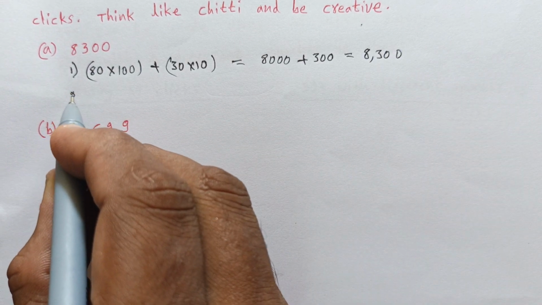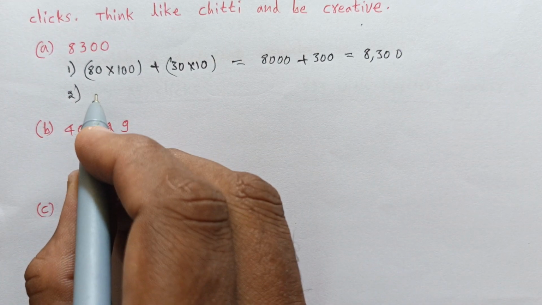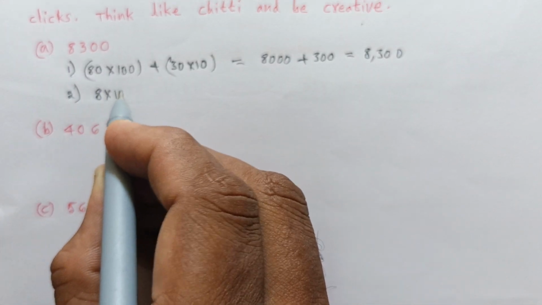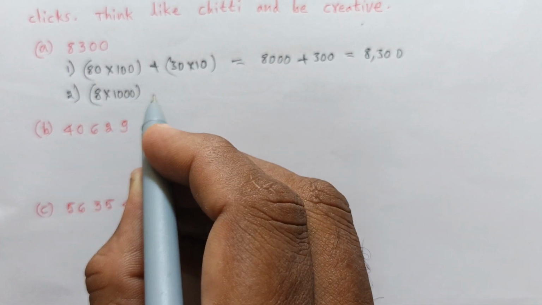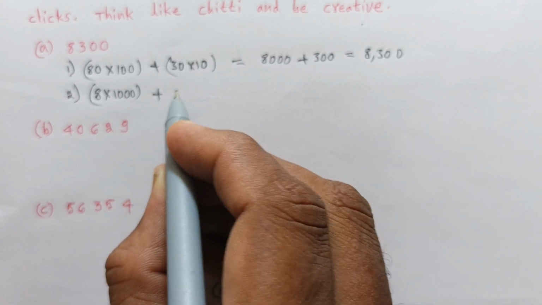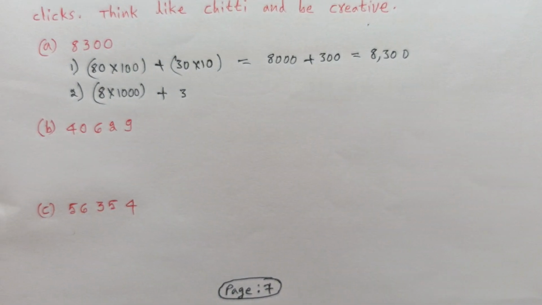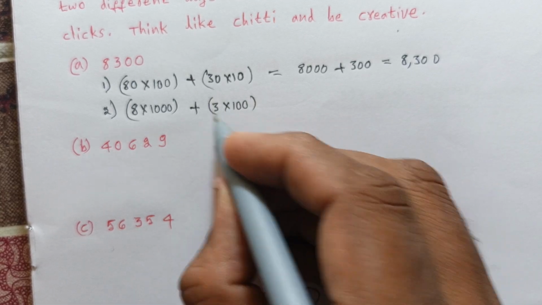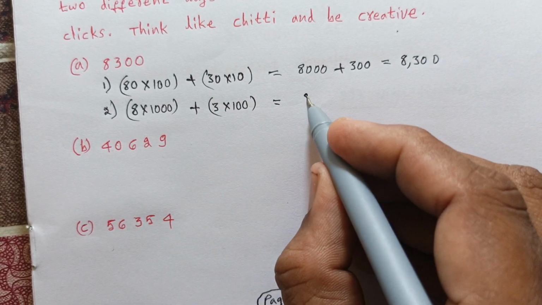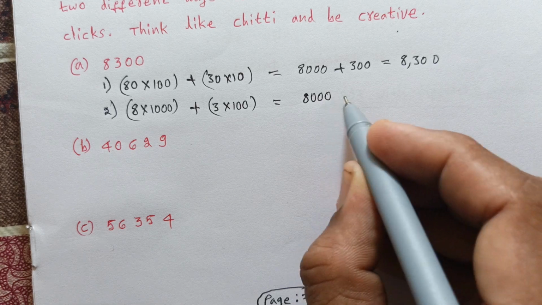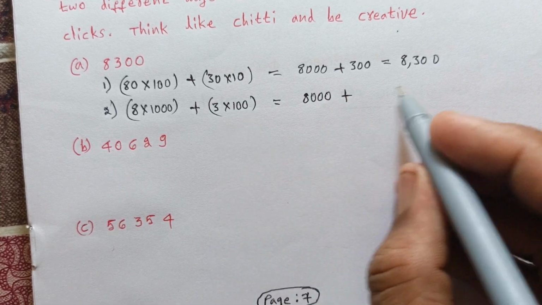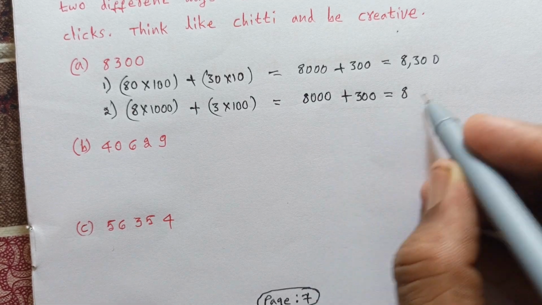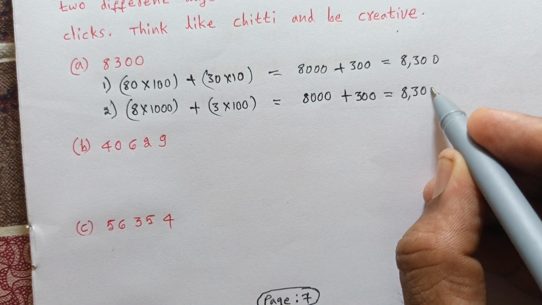Another way of representing this, another combination: if you press the 1000 button 8 times, then the 100 button 3 times, so 8 into 1000 is 8000, plus 3 into 100 is 300. If you add them, you will get again 8300.